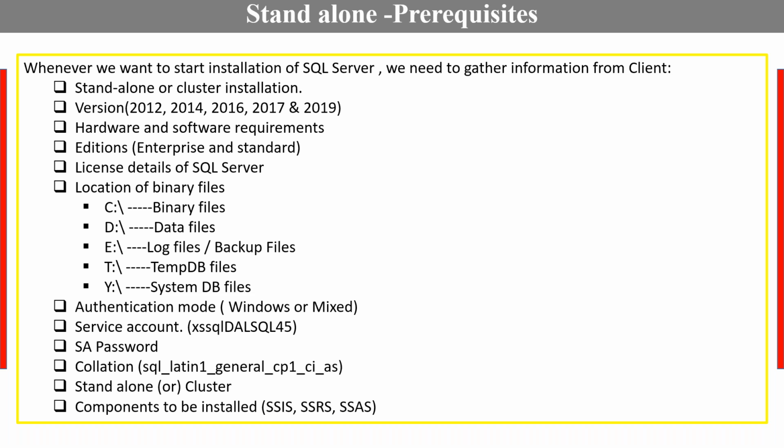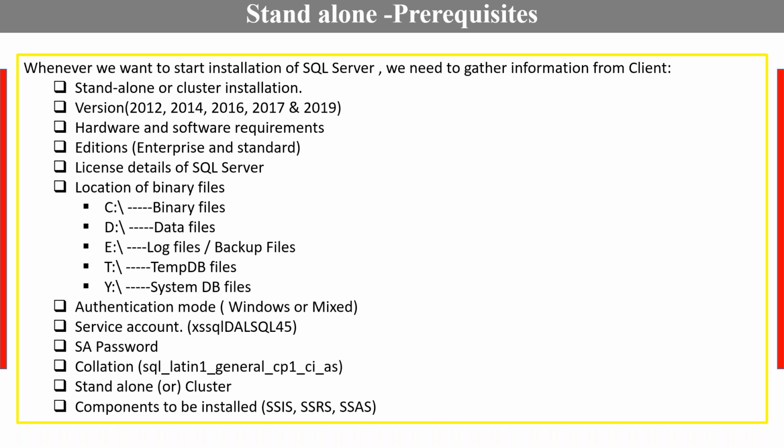Will you be able to perform the installation? No. On which server, which edition, right? You need to get some inputs from the requester, the end user. On your laptop you can install whatever instance you like, but in the real world, you need to take some inputs.